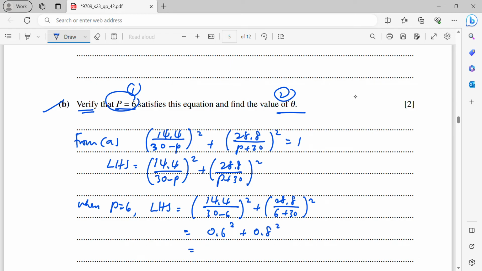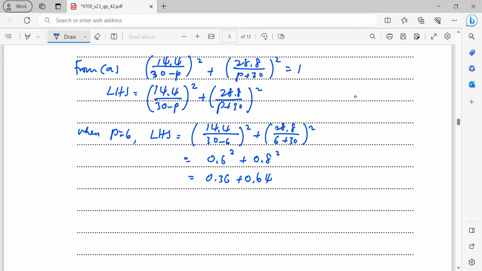When you calculate this, it will be 0.36 plus 0.64. That means you are getting 1. So the 1 is the same as the right hand side. Therefore, P equals 6 satisfies the equation. So this is how we verify it.